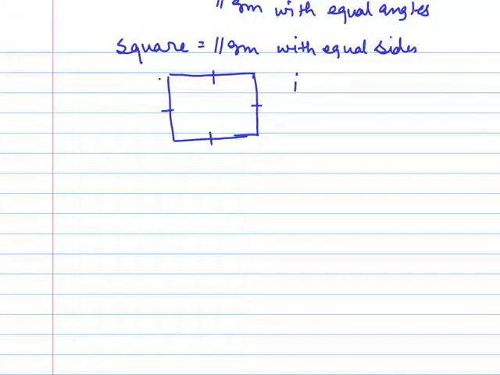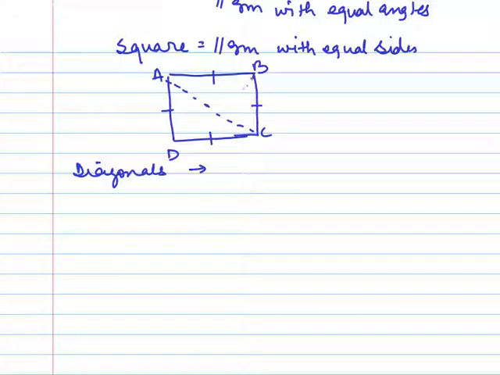So in case over here, let us say this is ABCD. We will write down a few properties of a square. So the diagonals of a square, the diagonals are represented with AC and BD.